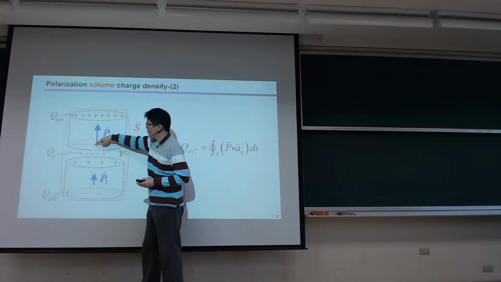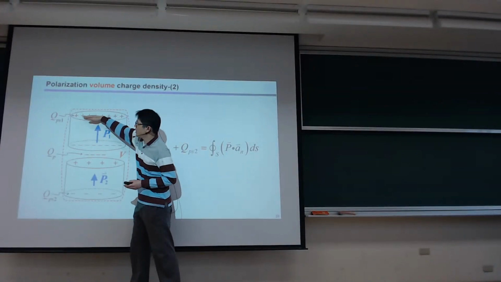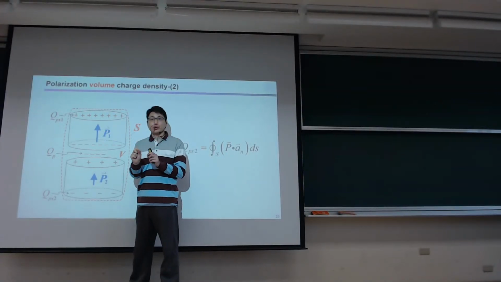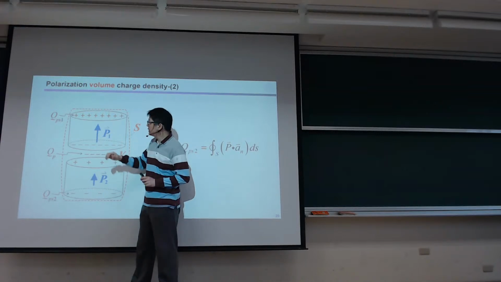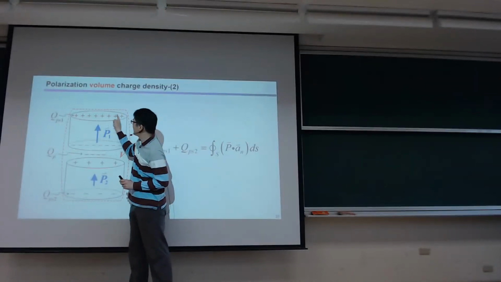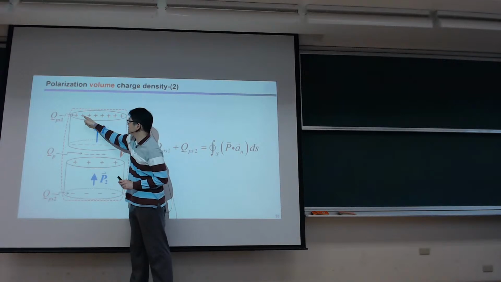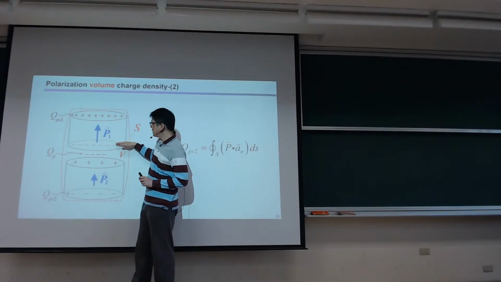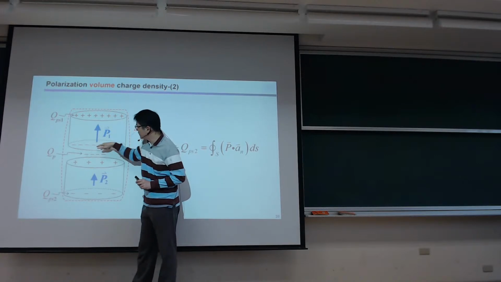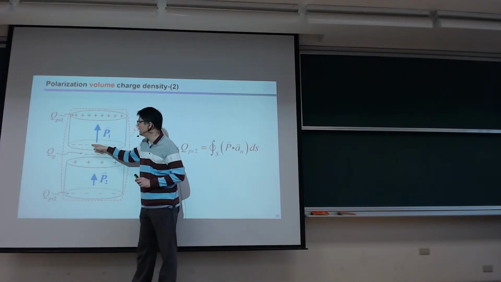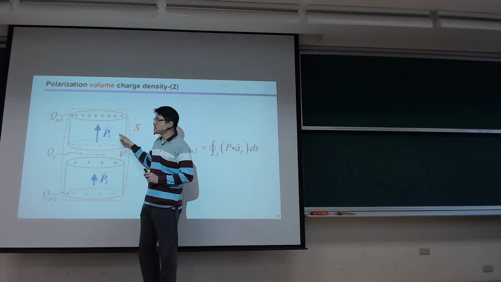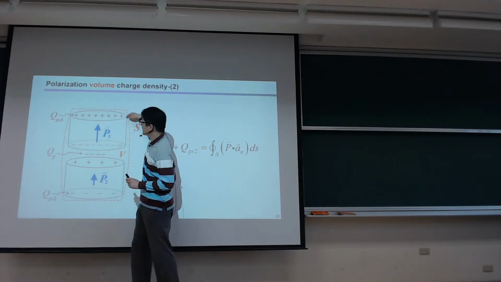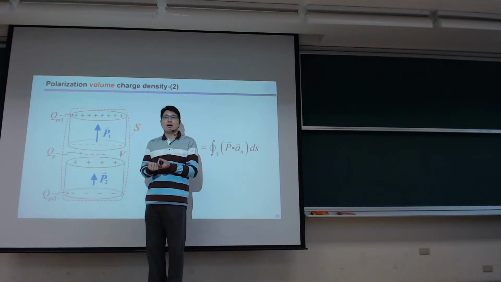For each material, the charge remains neutral, right? Meaning, on the top surface, I have 1, 2, 3, 4, 5, 6, 7, 8. I have 8 positive charges. On the bottom of my material number 1, I have 8 negative charges. So this given substance itself is charge neutral.